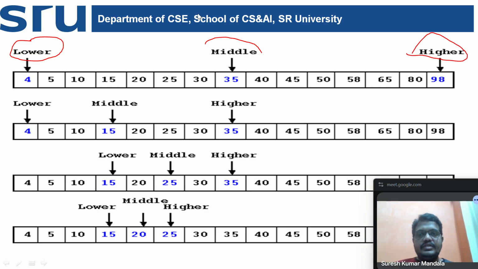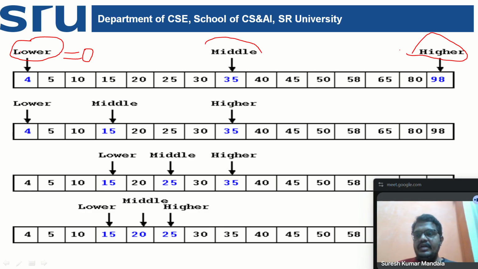Now we will discuss. The low variable identifies the starting index of the array, which starts at 0. And the high variable will store the last index of the array.